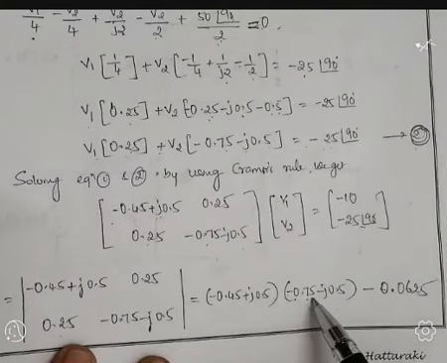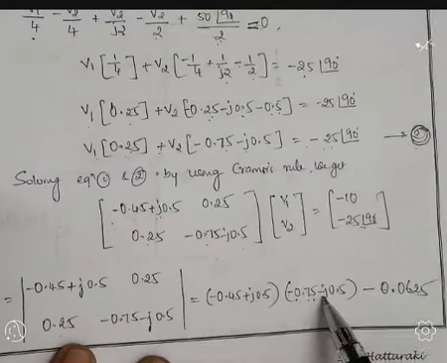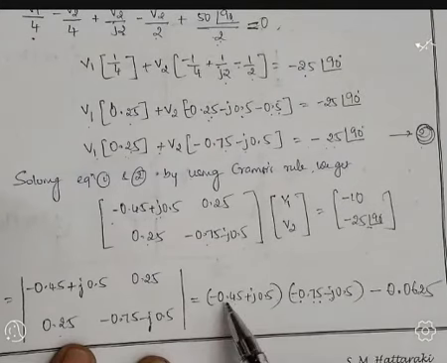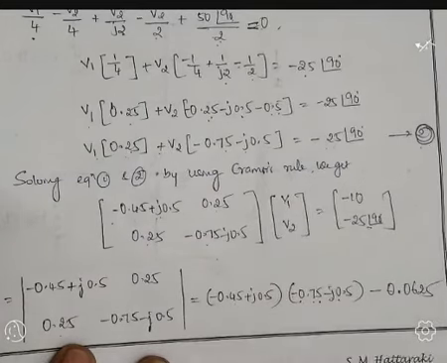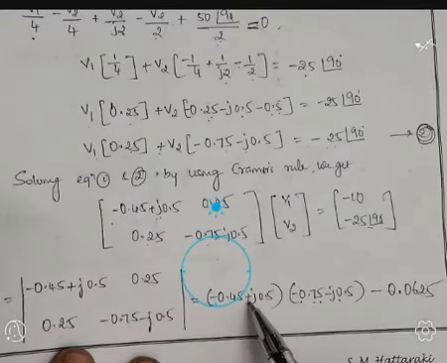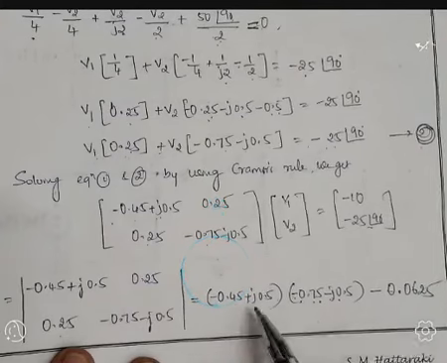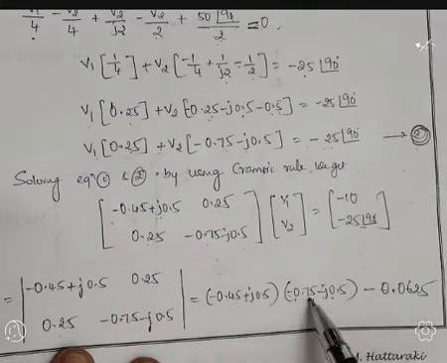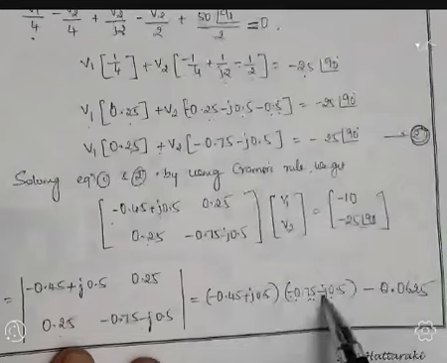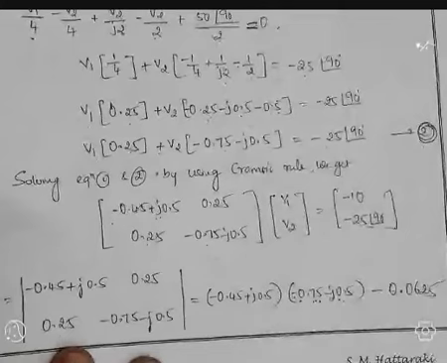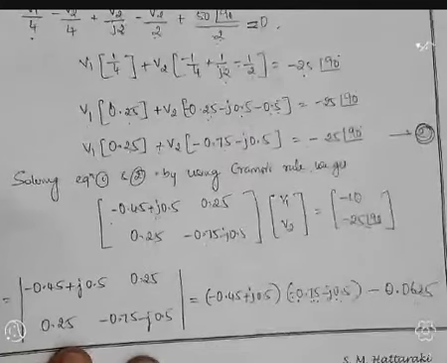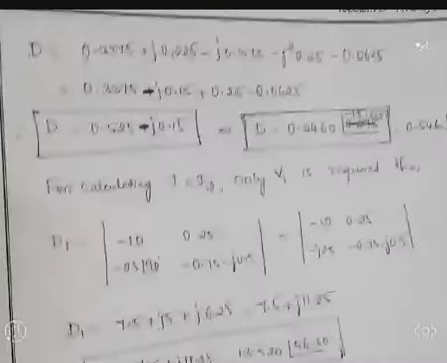Next, minus into minus plus, j 0.45 into 0.5 is 0.225. Next, plus into minus is minus, j 0.5 into 0.75 is 0.375. Next, plus into minus is minus, j into j is j square. So 0.5 multiplied by 0.5 is 0.25. The remaining part as it is.